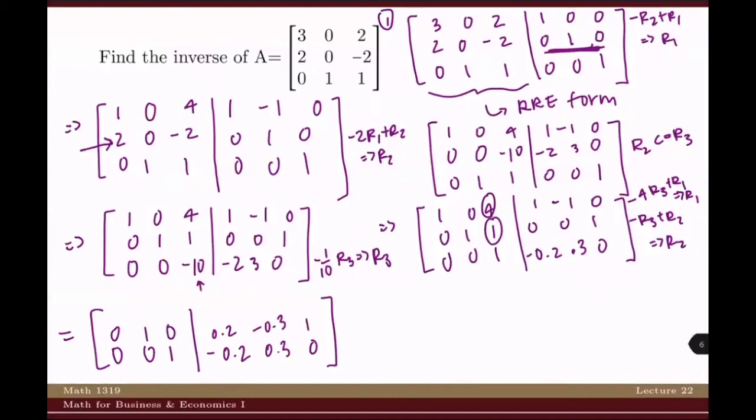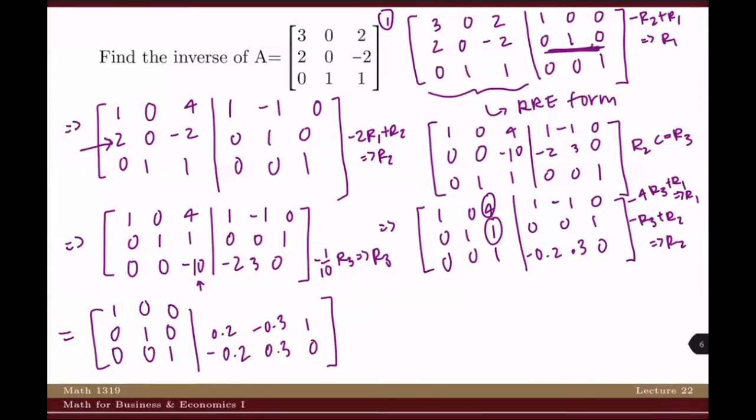All right. And on the top row, I'm going to have negative 4 row 3 plus row 1. So I'll have 1, 0, 0 on the top row. And then negative 4 times negative 0.2 is going to be negative 0.8. I'm sorry, positive 0.8 because it's a negative times a negative.